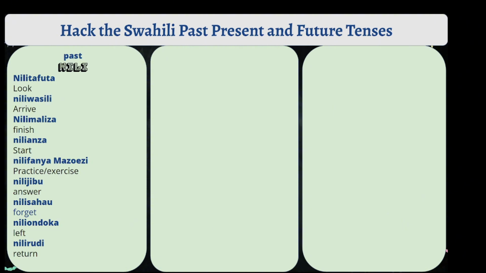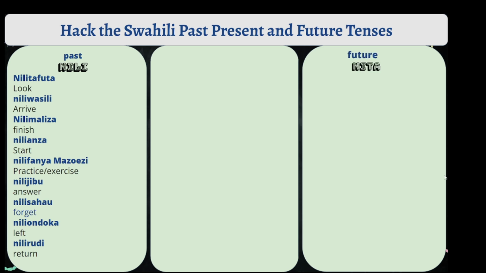Answer, nilijibu. Forget, nilisahau. Leave means I left, niliondoka. Return, nilirudi. So nili. And I'm going to give you a quick hack in a minute on how to remember nili. It's actually pretty easy.